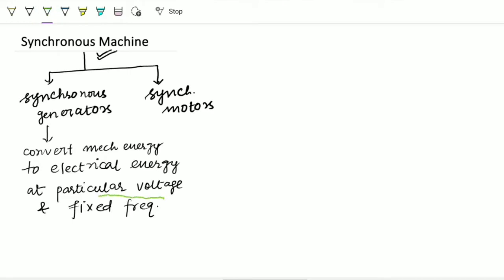Here this fixed frequency is of utmost importance because it is the fixed frequency which attributes a specific kind of characteristic to this machine, and that's why it is called synchronous machine.